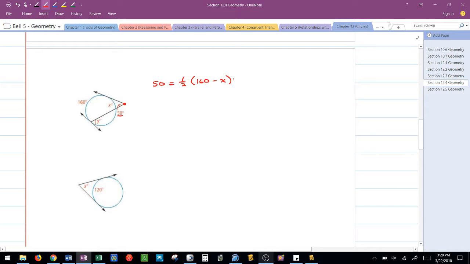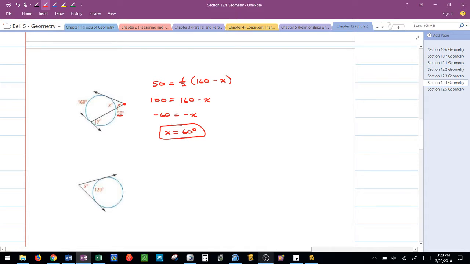Now, to simply solve this problem, I want to first get rid of that half, which means I got to multiply 50 by 2. So I have 100 is equal to 160 minus x. All right, I'm going to subtract 160, so negative 60 is equal to negative x. Wait a minute, that's not what x is. I got to divide everything by negative 1, and I get x is 60 degrees.